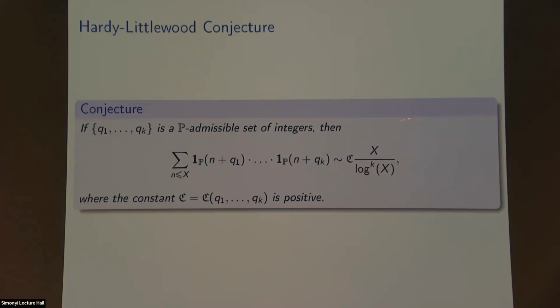And I think that what is really conjectural is that this is the lower bound, and the upper bound is a theorem now. But I think we can formulate it in this way also.